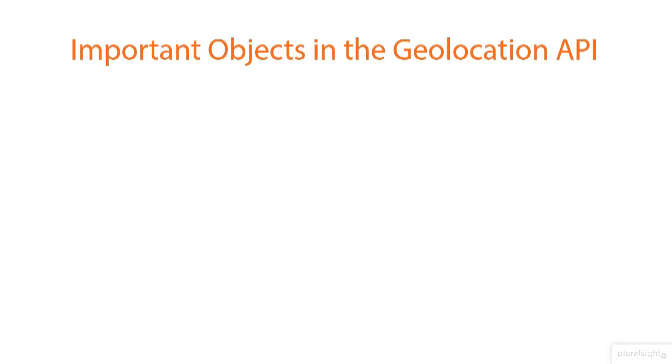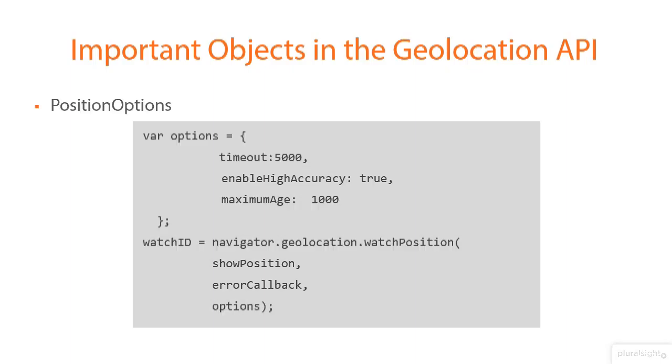When we want to figure out the user's location, we can use the getCurrentPosition or watchPosition. There is, however, an extra parameter we can pass into both methods. This object is the position options object, and it allows us to configure the way that the geopositioning is done. The object defines a number of properties.